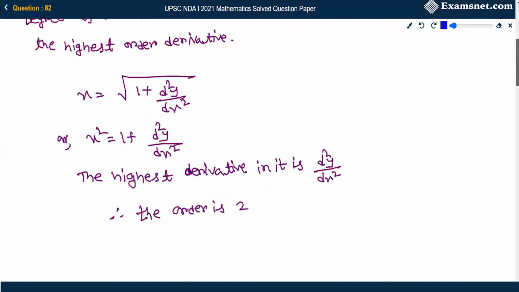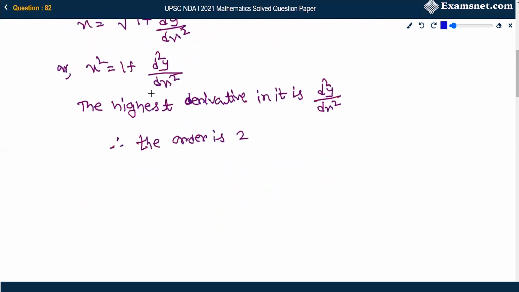Now, if we talk about the degree of this derivative, then what is the power of d2y dx2? That is 1. So we can say the degree of this equation is 1. Though it's not required for this question, its degree is 1.